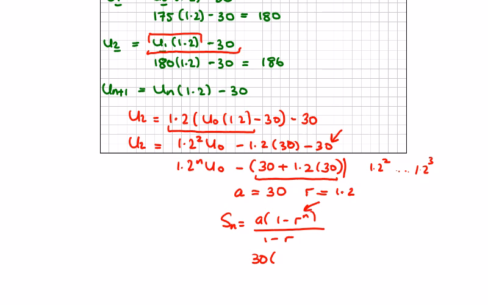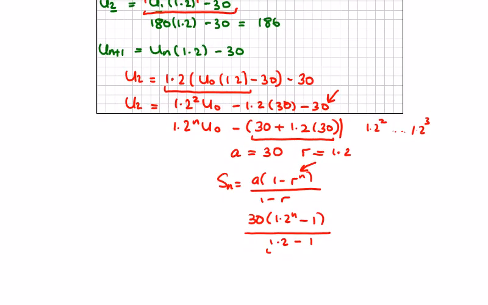We're going to get 1 minus 1.2, so let's reverse it around and say 1.2 to the power of n minus 1 over 1.2 minus 1, and we see this fifth on the bottom. 0.2 is 1 over 5, so it's going to be 30 divided by 5, which is 150 times 1.2 to the power of n, and then it will be 150 times minus 1, minus 150.